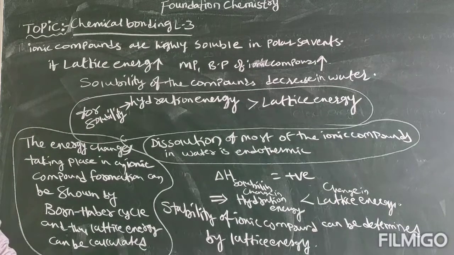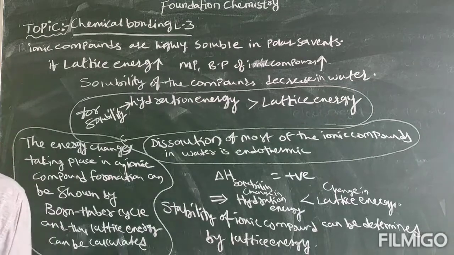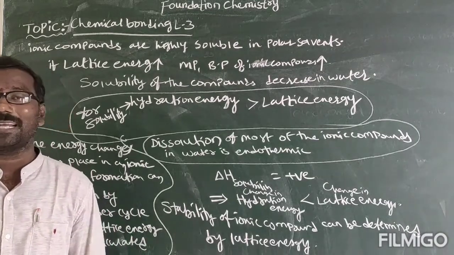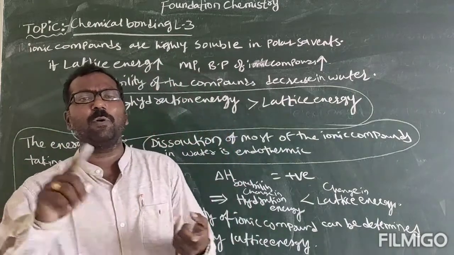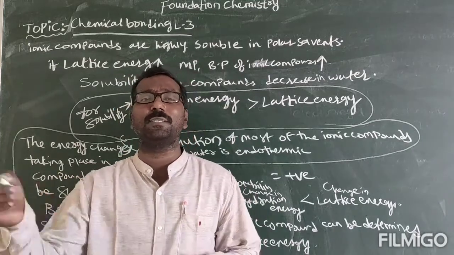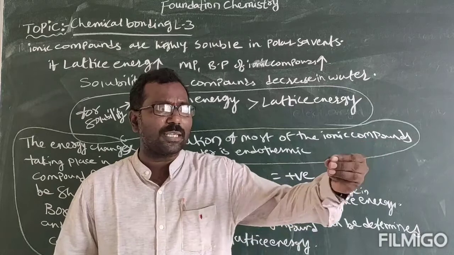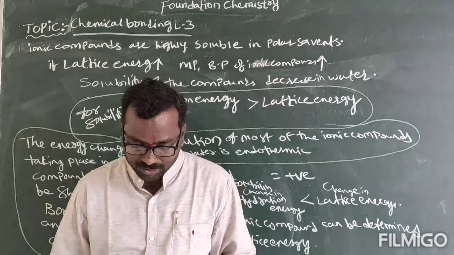And what are the previous points we have? No bond is cent percent ionic. That is the most important thing. We will have a small discussion at the end of the class regarding polarization. There is no cent percent ionic bond. The cation and anion have an electrostatic force of attraction, no doubt.